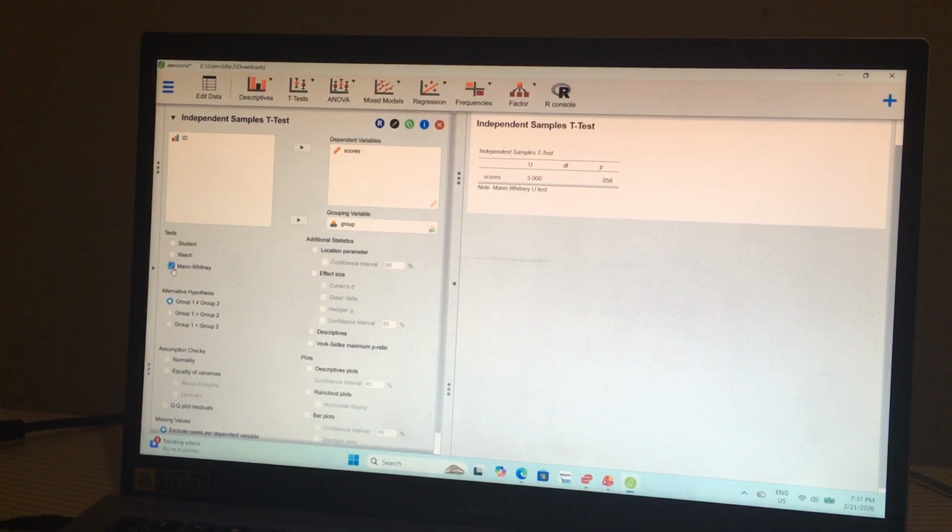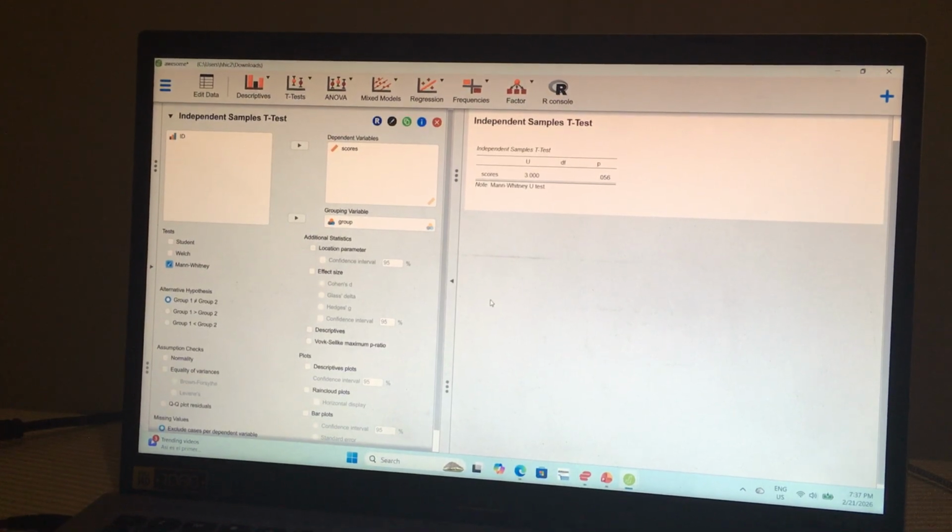And the results of our output will be shown in table 9.24. So let's take a look. In 9.24, we get a U value, so the Mann-Whitney U test is 3.00, p-value is 0.056, so that looks like everything came out properly.